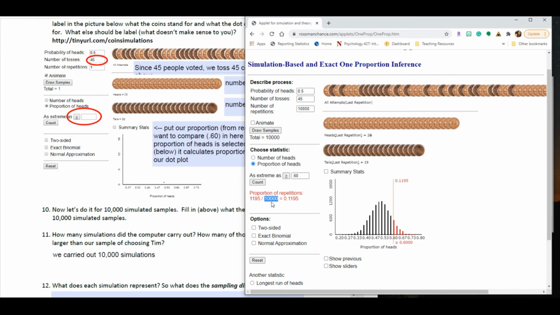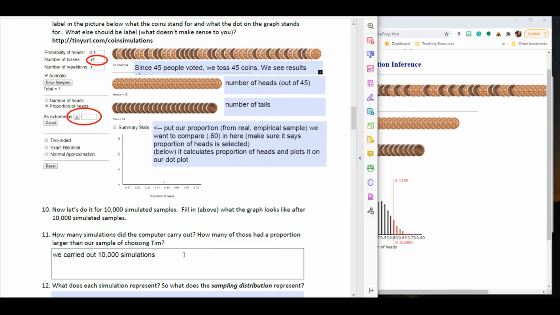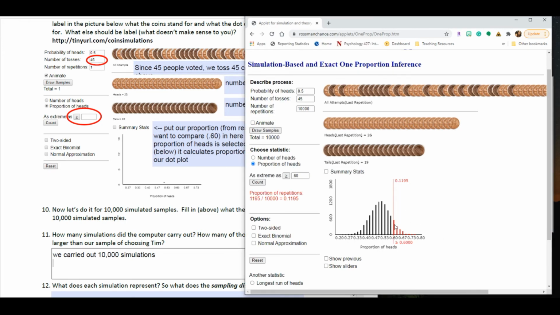That's where we can see how many simulations it's counting from. Then how many of those had a proportion at least as big or larger than our sample of choosing Tim? Well, you could see it put the line in and it cut them off here.